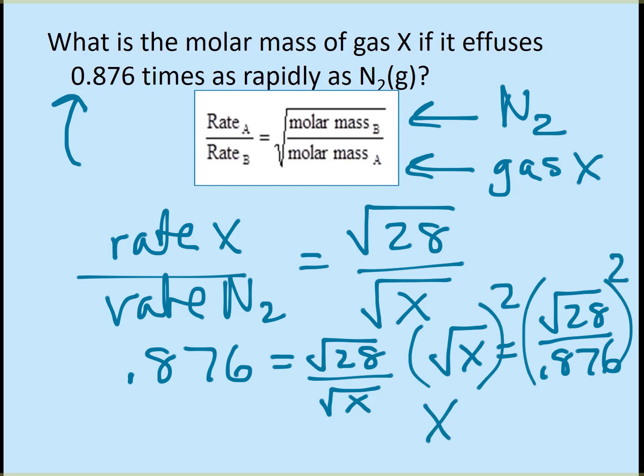And I end up that X is equal to 36.5 grams per mole. So this problem's a little bit different, but I can think through it and figure it out, even if they put the larger mass on the bottom instead of the top.